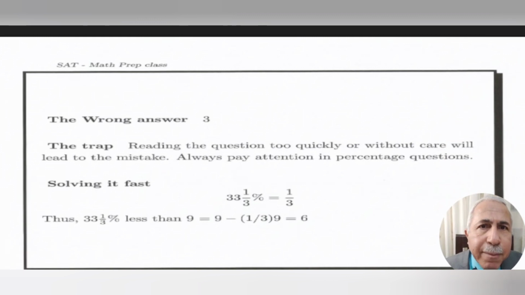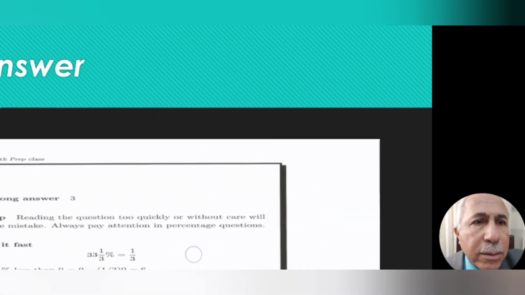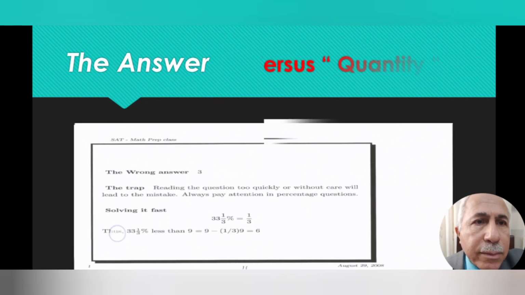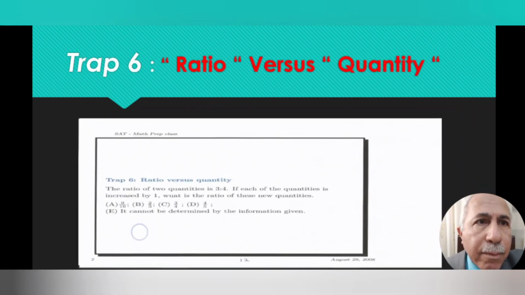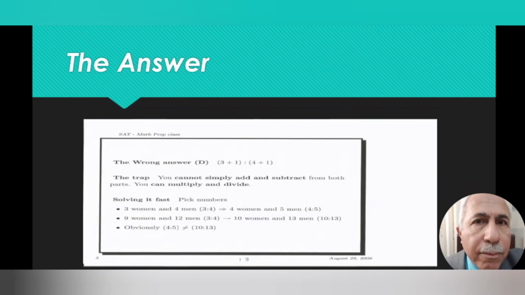Now, the wrong answer is D. Why? Simply, any student, what will he do? He will add 1 to the ratio, which is 3 and 4.